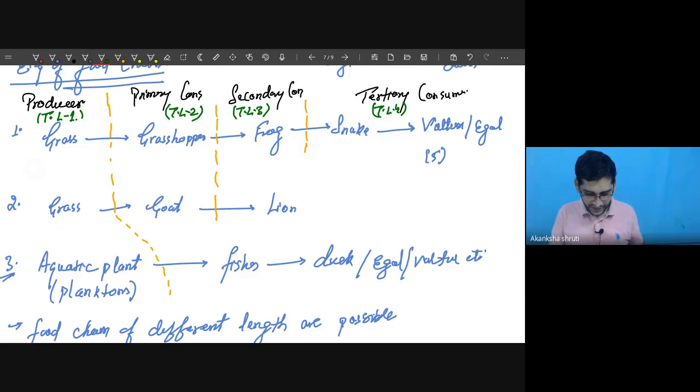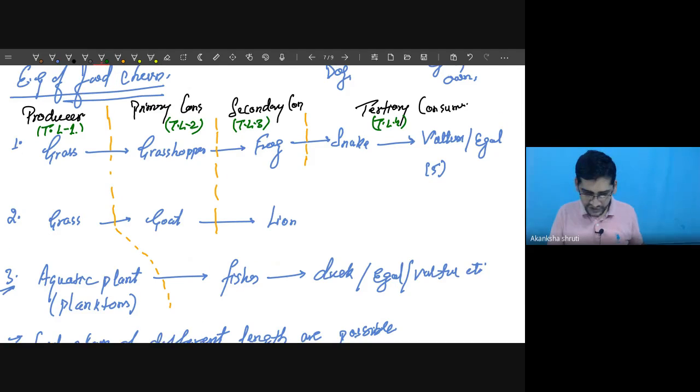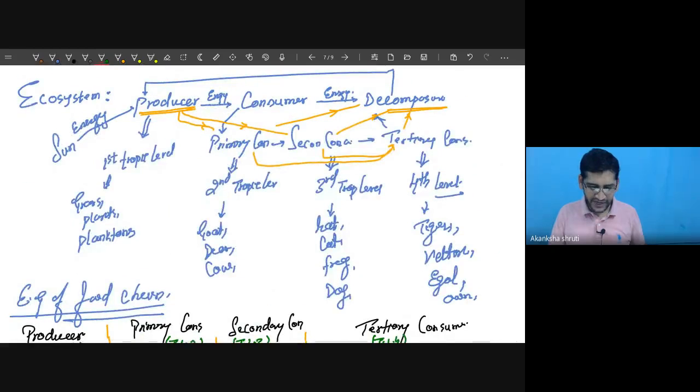Students, here we are observing that in a food chain some of the trophic levels may be missing. Why? Because we have learned that the secondary consumer may directly take from the producer or the primary consumer.